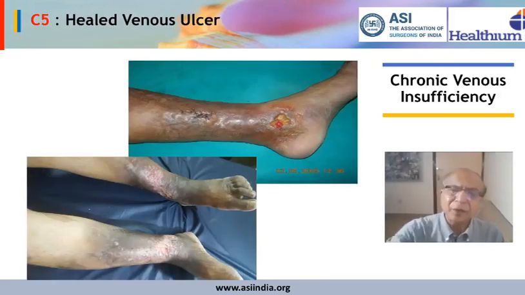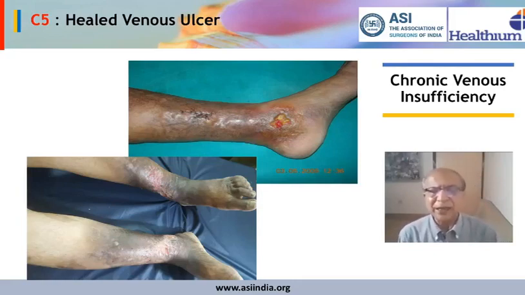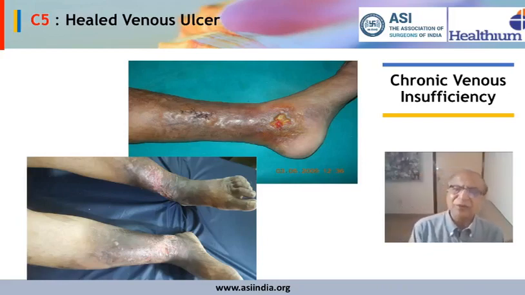When venous return is hampered, there is leakage of the hemosiderin pigment. There is severe deficiency of nutrients to the skin in this area, and the skin, especially on the medial side of the leg, on the shin, on the medial malleolus, gets necrosed, and what you get is a condition known as venous ulcer.